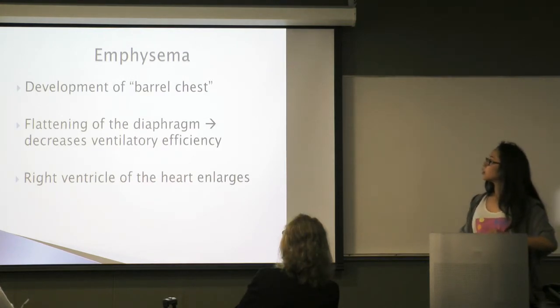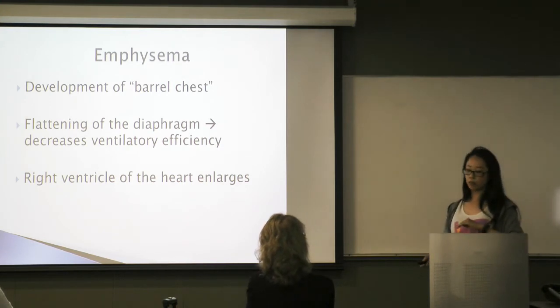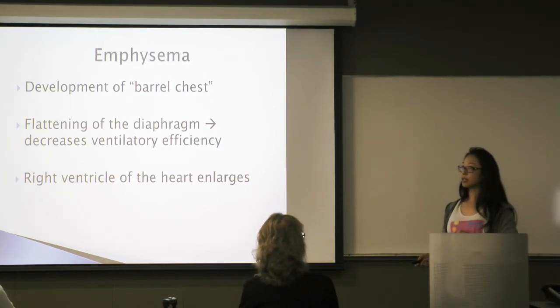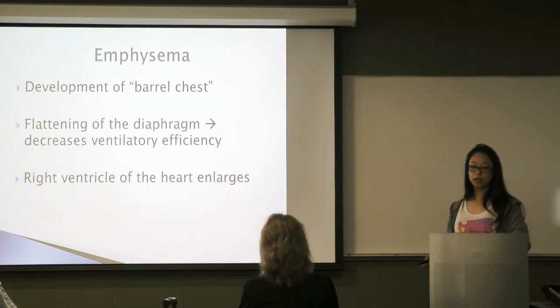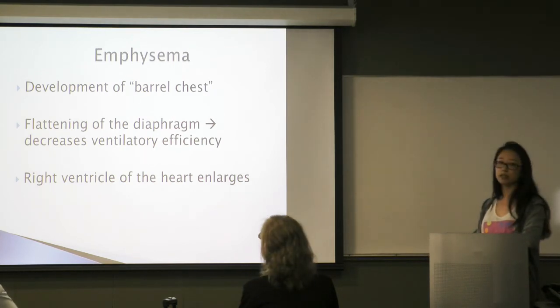And you'll also see a flattening of the diaphragm. So earlier when I said in its normal state, when you're not inhaling, it's domed. But here you see more flattening already, so that already decreases your breathing efficiency.